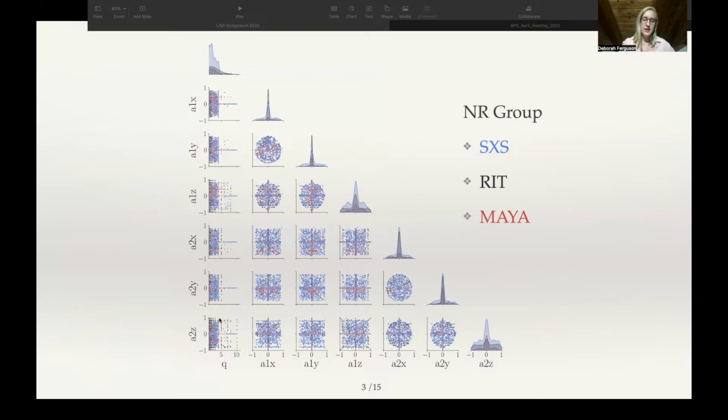Then we have some, but very few, aligned spin simulations beyond that, and essentially no precessing simulations beyond mass ratio 5. So we definitely know that there's a gap here that needs to be filled in, but you can also see that there are some gaps even within the existing parameter space that is densely filled that we would also like to explore.